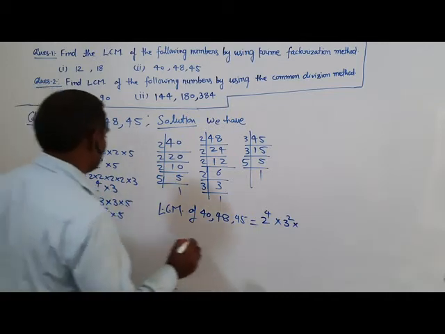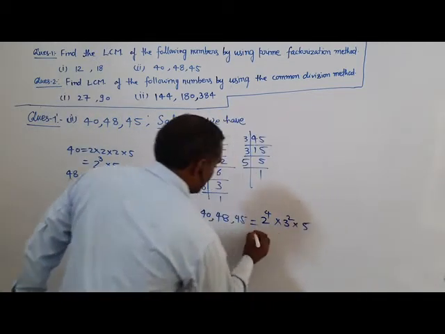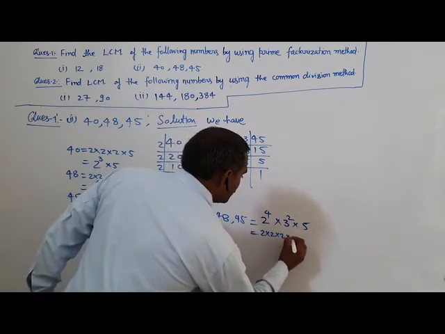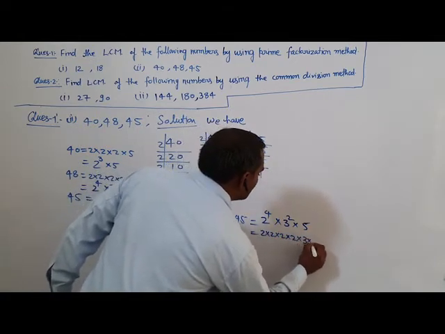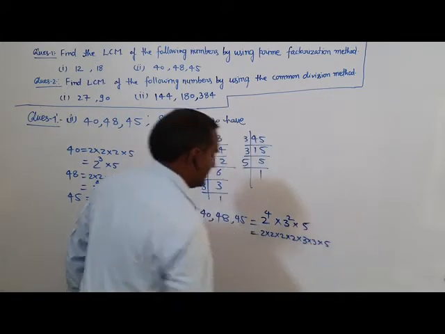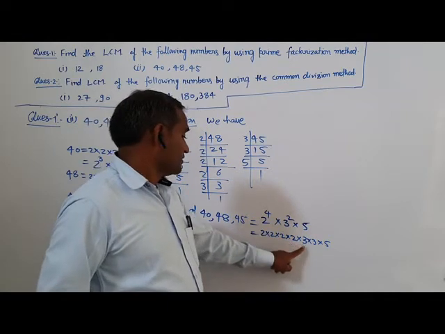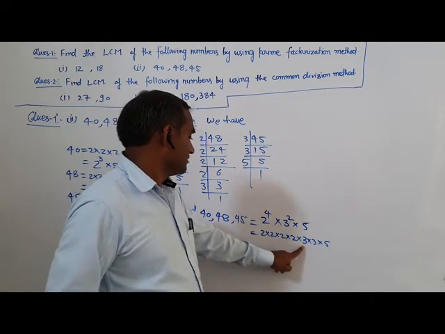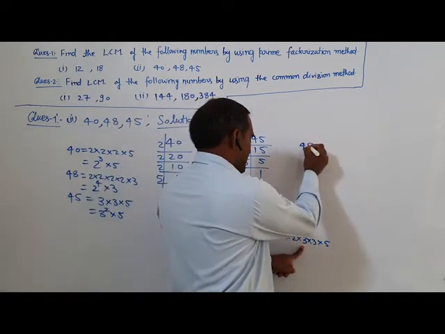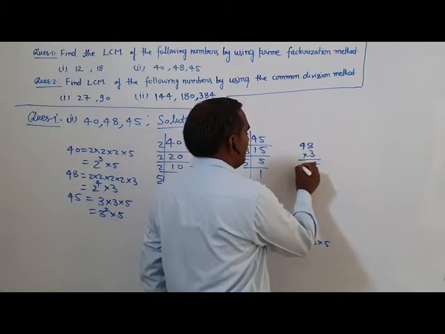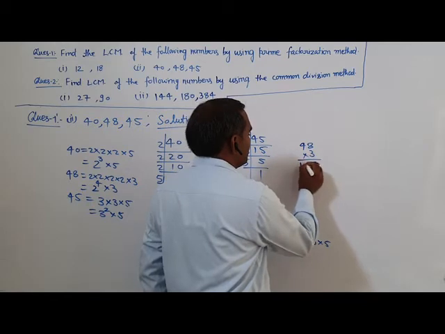So we write 5. Now open this: 2 into 2 into 2 into 2, 3 into 3, into 5. 2 2s are 4, 2 4s are 8, 2 8s are 16, 16 3s are 48. 48 into 3: 3 8s are 24, 3 4s are 12, so 144.